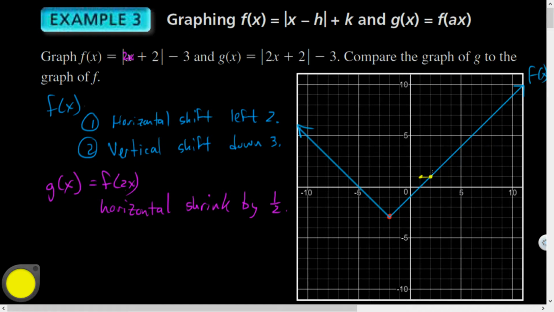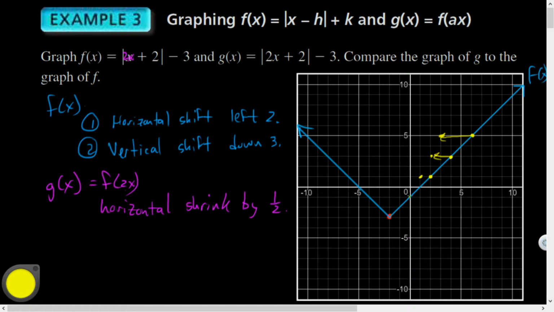Yep, so that got shrunken. Here's 4. 4 divided by 2 is 2. So that got shrunken horizontally. Here is 6. Why am I picking even numbers, do you think? Yeah, I want to divide by 2, and even numbers divide by 2 wonderfully. 6 divided by 2 is? Yeah, 3. So that's going to be there.